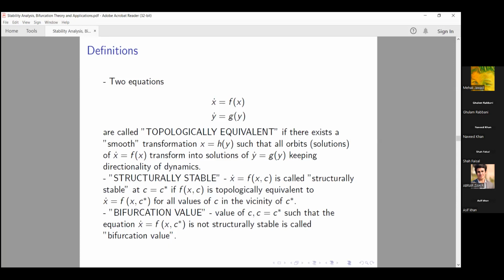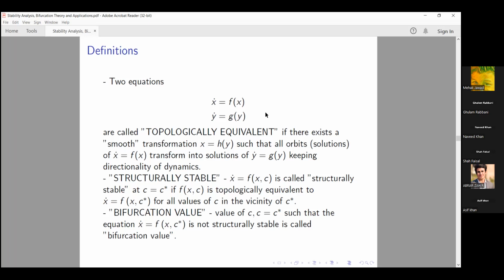Before we go straight to the bifurcation value, we have to realize that if we have two systems, x dot equals f of x and y dot equals g of y, we need to know that they are topologically equivalent. Basically that means there's a smooth transformation h such that all orbits of solutions of this transform into solutions of that, keeping the same direction of dynamics.